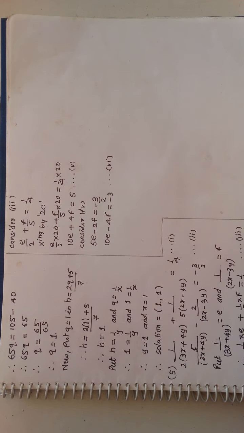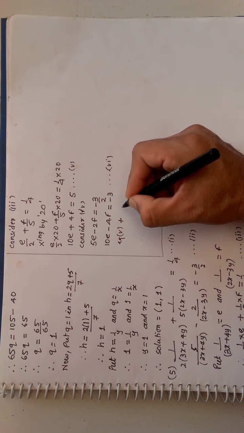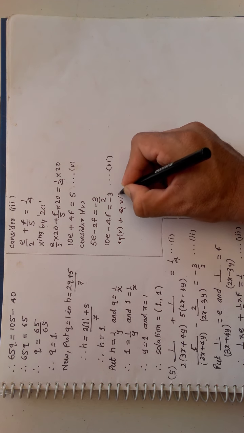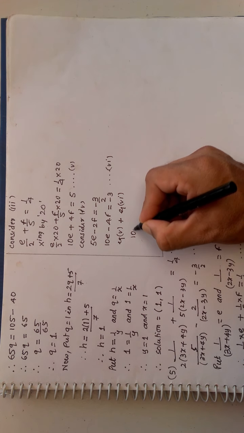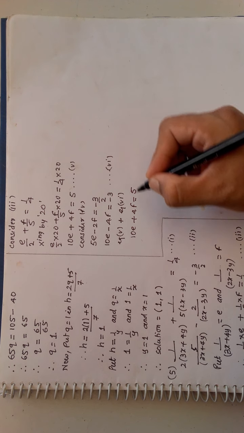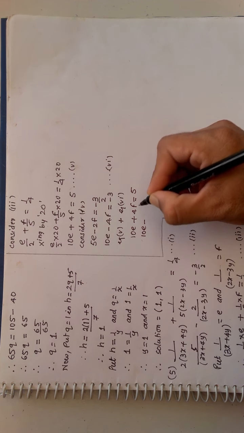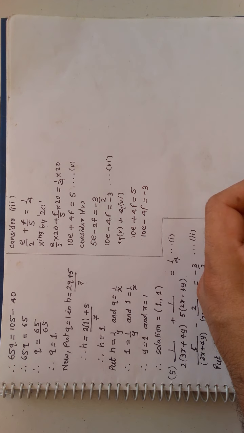That is, if I add them, directly this will get vanished. So I will take equation number 5 and in that I will add equation number 6. So I get here 10e plus 4f is equal to 5. 10e minus 4f is minus 3.